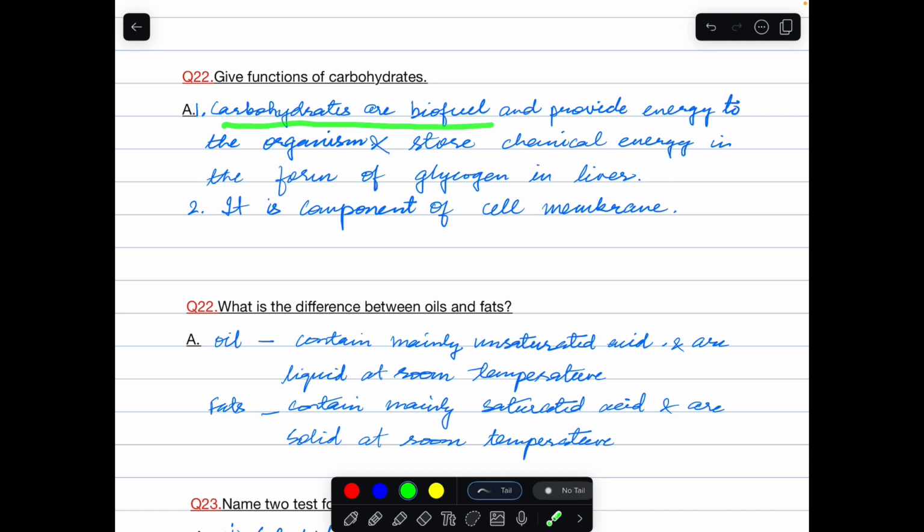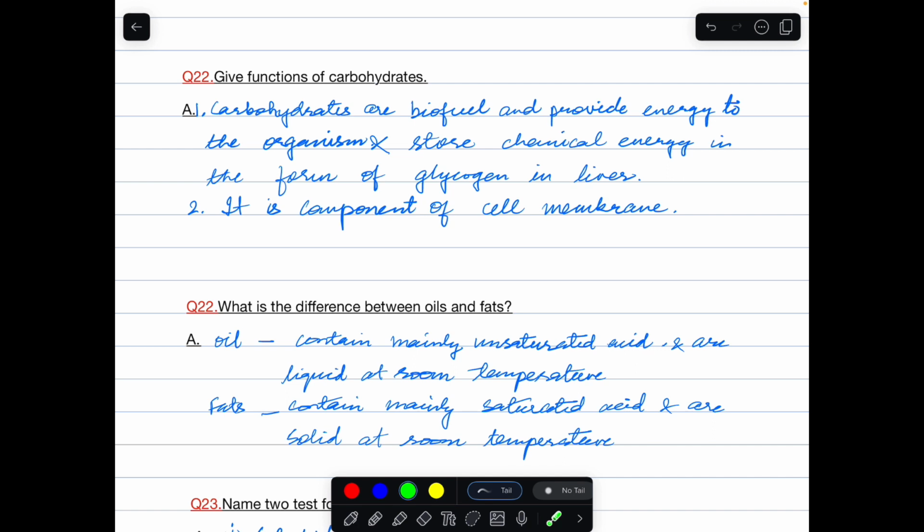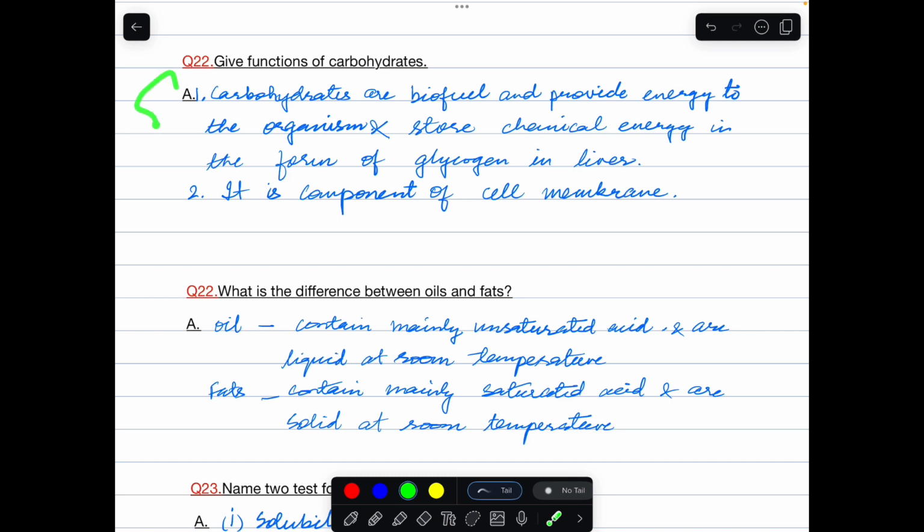That is, the body of any living organism works on energy, mainly energy derived from carbohydrate, and they provide energy to the organism and store chemical energy in the form of glycogen in the liver. So whatever extra energy is there in our body will be stored in the form of glycogen in our liver. And they are also a component of the cell membrane. So these are the two functions of carbohydrate.